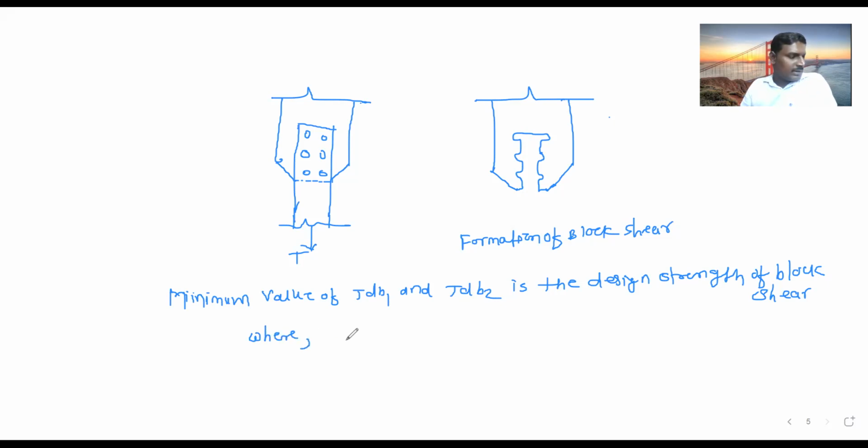There are two formulas, and in these two formulas we have to know these particular unknowns. So AVG is equal to the minimum gross area in shear along the bolt line.